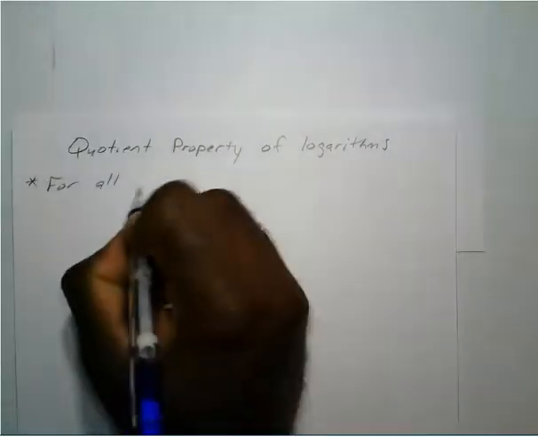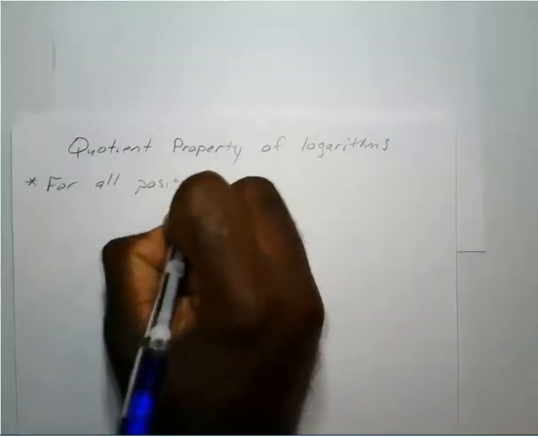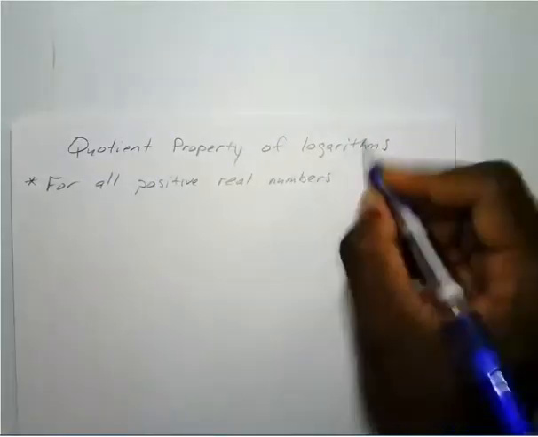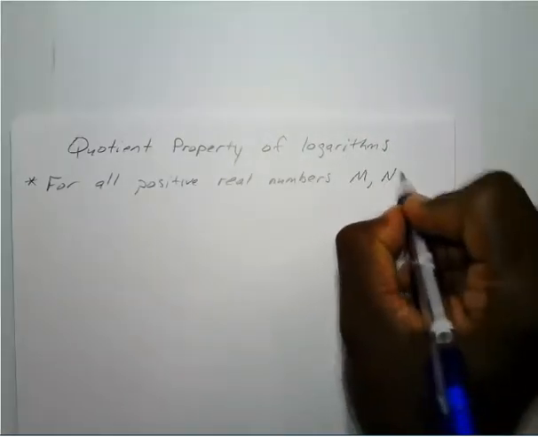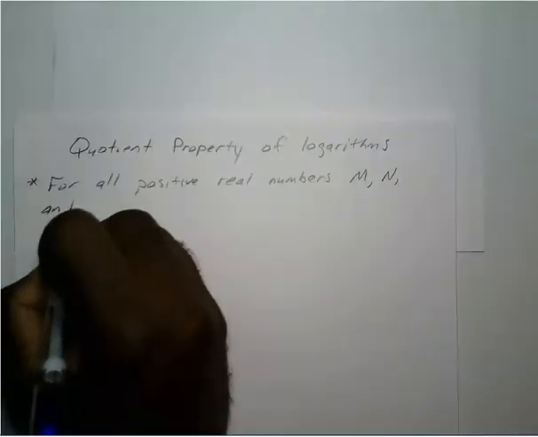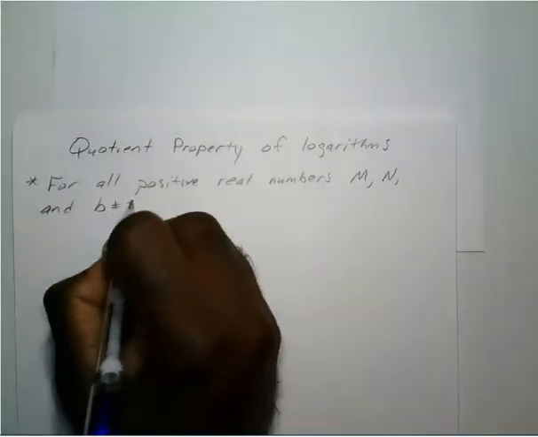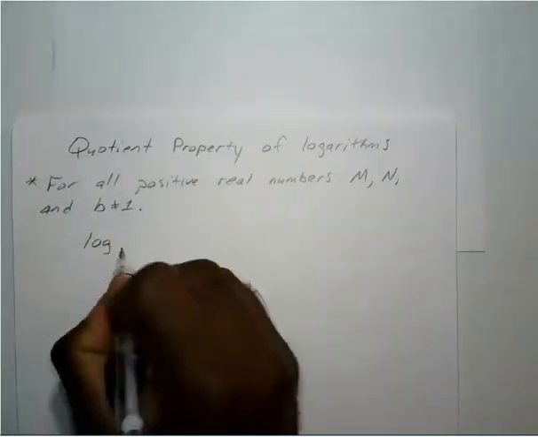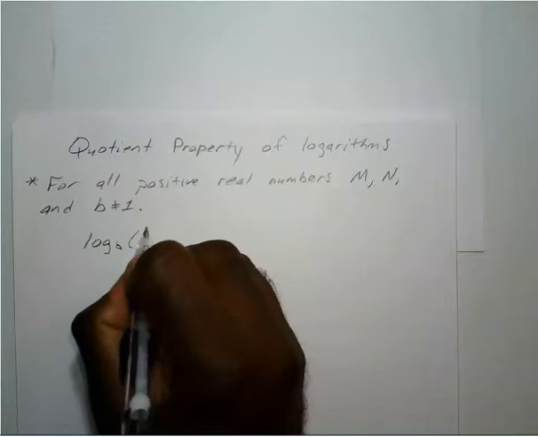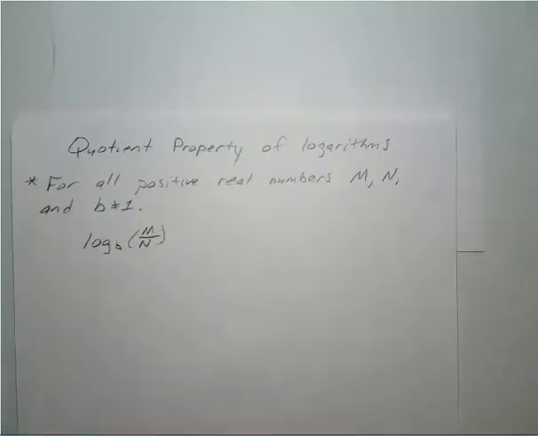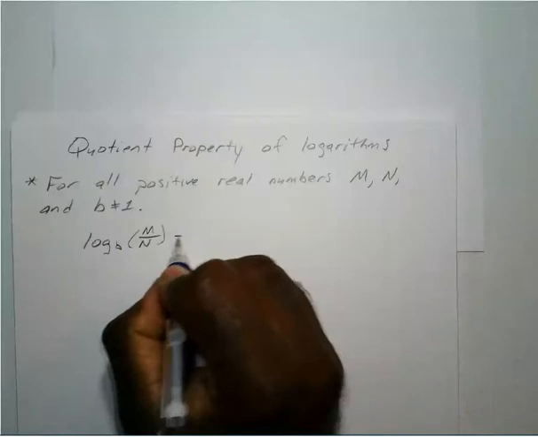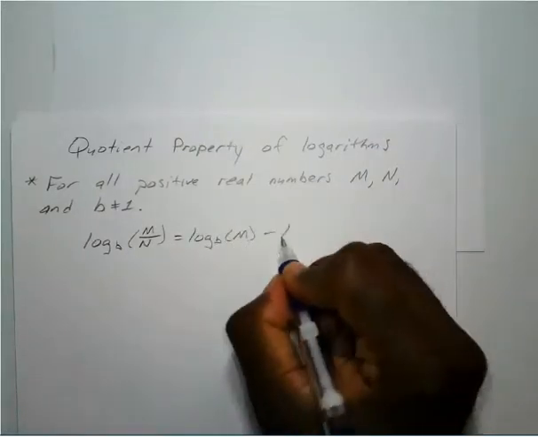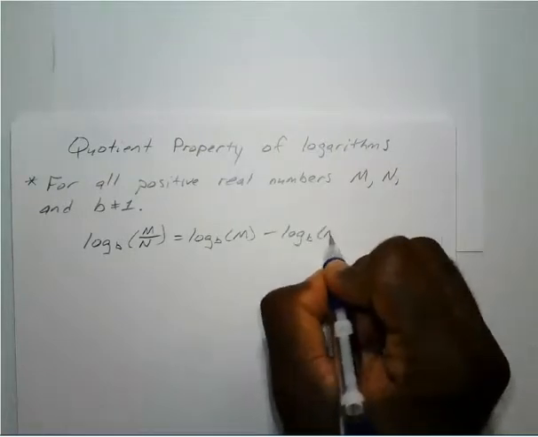Okay, so for all positive real numbers m and n, and if we have b being a positive number that doesn't equal 1, if we have log base b of a quotient of m divided by n, that's going to equal log base b of m minus log base b of n.